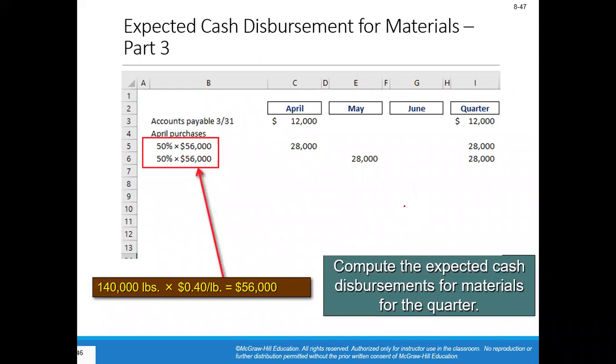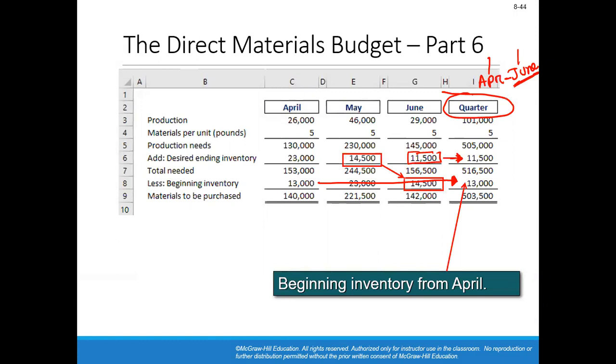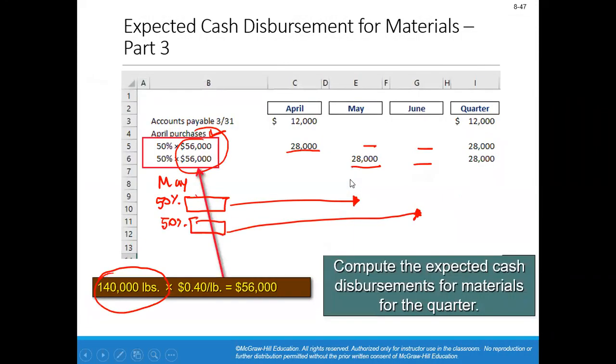Let's see. In the month of May, we had how much production needs? Sorry, it was the production needs. We need this figure, the materials to be purchased from the suppliers, 221,500. So 221,500 multiplied by 0.4, how much is it?